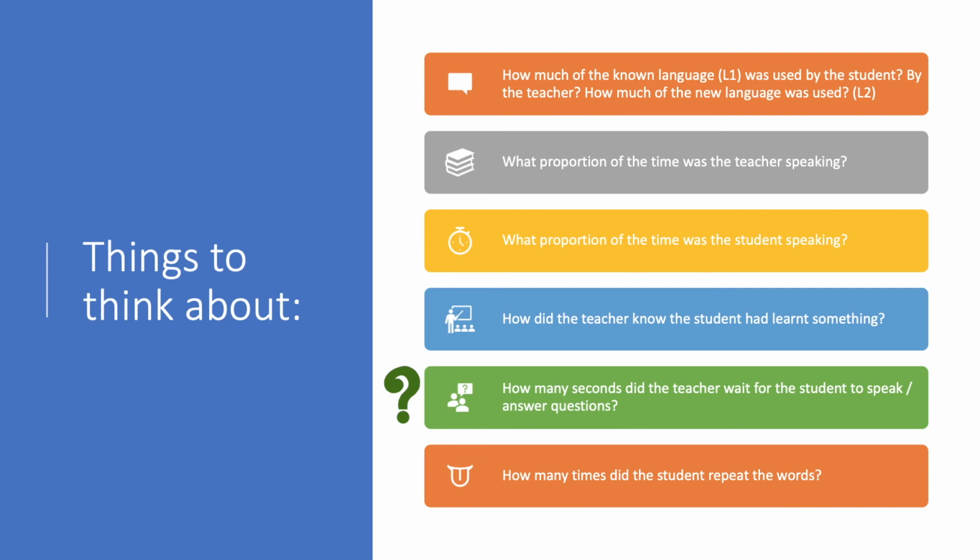Yeah, true. Our last question, we may have touched on this earlier. How many times did the student repeat the words? Oh, a lot. About 5 times within a very short space of time. Another key thing here is not just during the lesson.